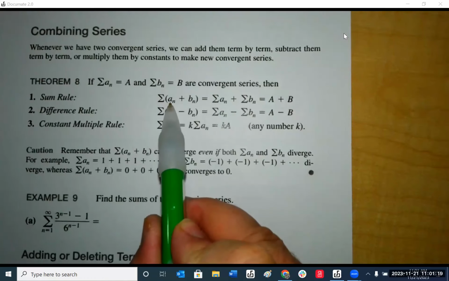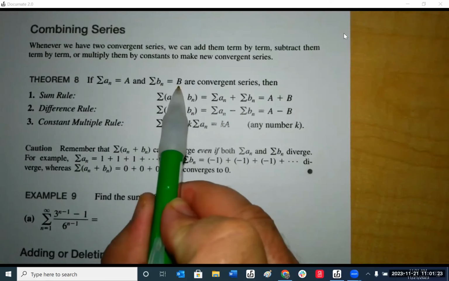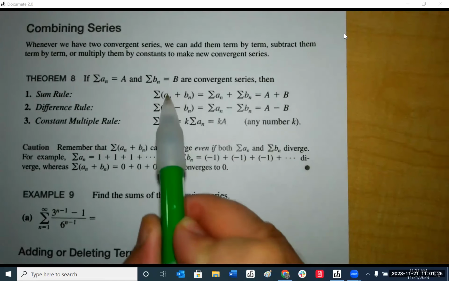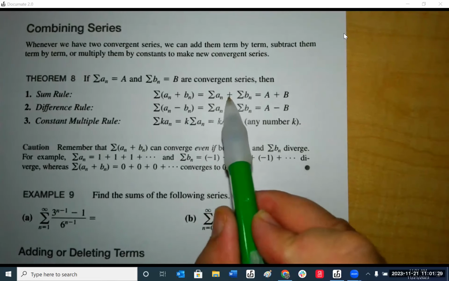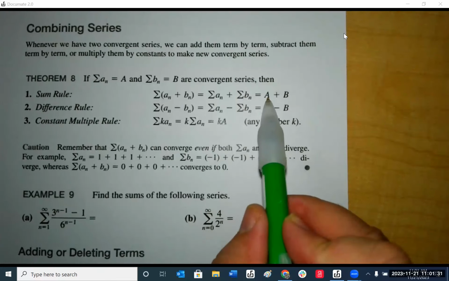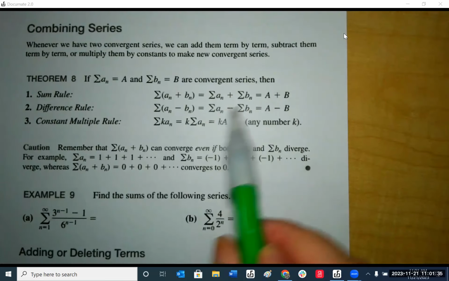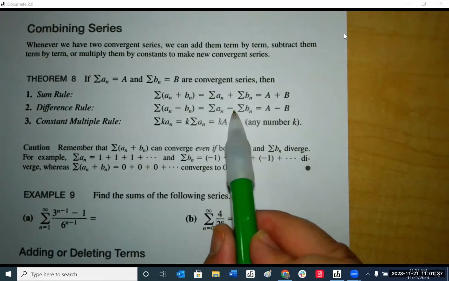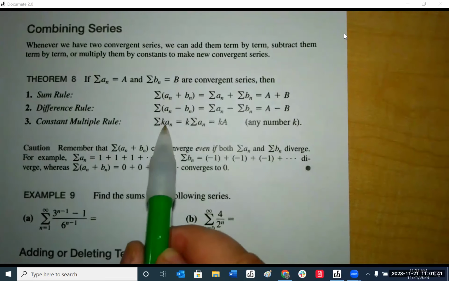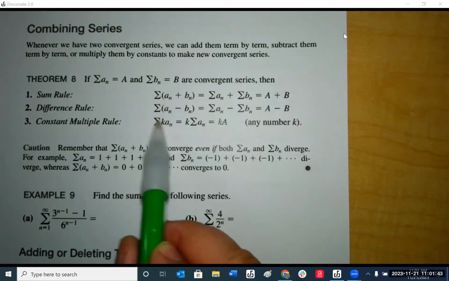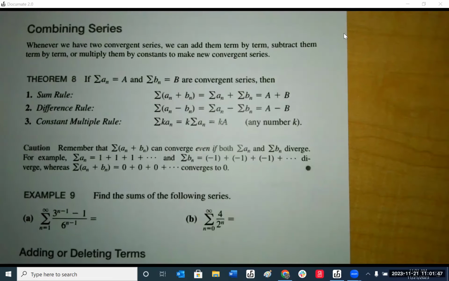So if you have two convergent series, summation of a equals capital A, summation of b equals capital B. If I have summation of a plus b, I can split those up: summation of a plus summation of b, which is capital A plus capital B. I have the same with the difference: summation of a minus summation of b, which is capital A minus capital B. Or if I have a constant multiple, that constant goes in front. Summation of k times a is k times capital A.